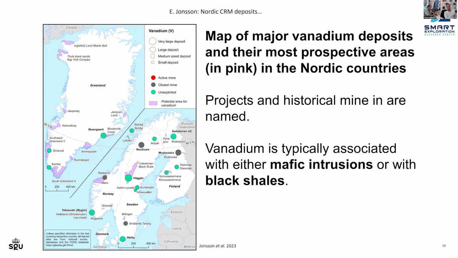But in the case of Sweden here, you see this large prospective pink area in west central Sweden, the Caledonian Black Shales. We actually have that combined with small areas in southernmost Sweden, Hörby in Scania. We have black shale hosted vanadium.